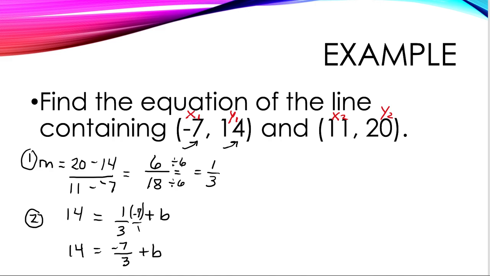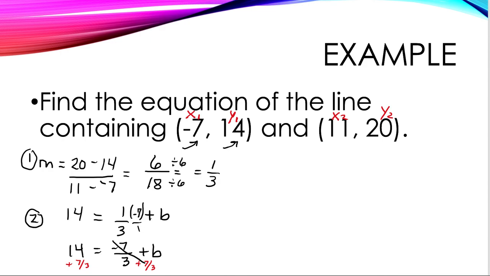So in order to get the b by itself, we're going to need to add 7/3 to both sides of the expression. So I'm going to squeeze it in right here. We're going to add 7/3, and we're going to add 7/3.